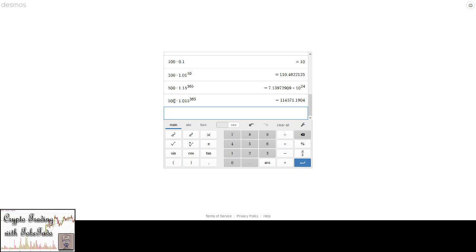So by having 0.5% more every day, you'd end up with about $114,000. So let's just double check if we did it right. So 500 times 1.01, so for 1%.